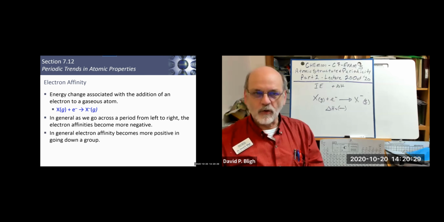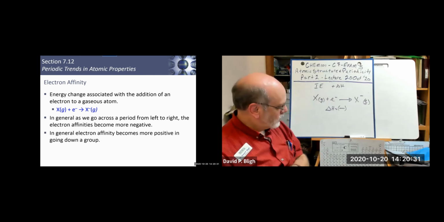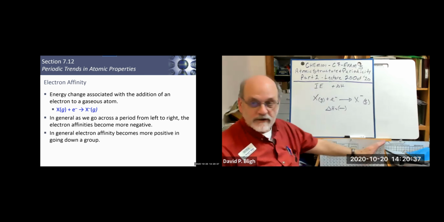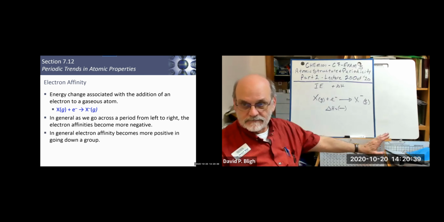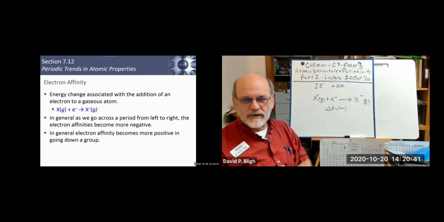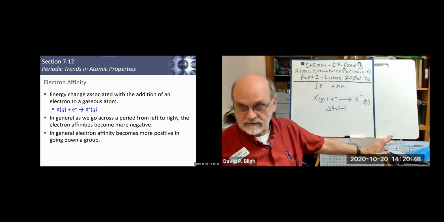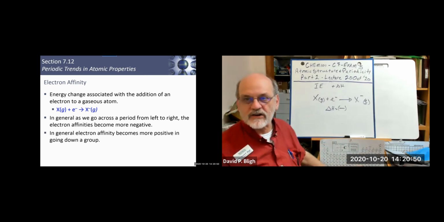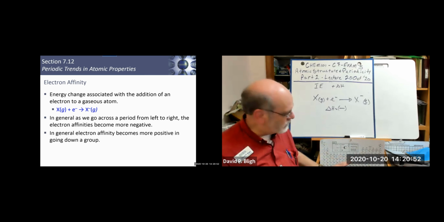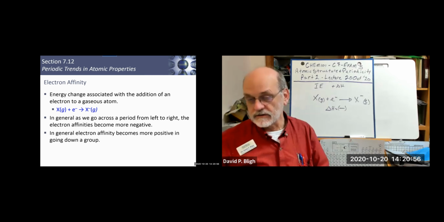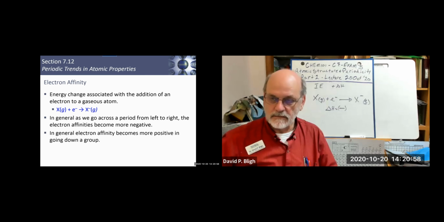So what does that mean for electron affinities? Well, the electron affinities are more negative as you go from lower left to upper right. So if you think of it in terms of you get more energy back from lower left to upper right. So the strength of attraction as measured by the negative number is from lower left to upper right. A similar trend to ionization energies.